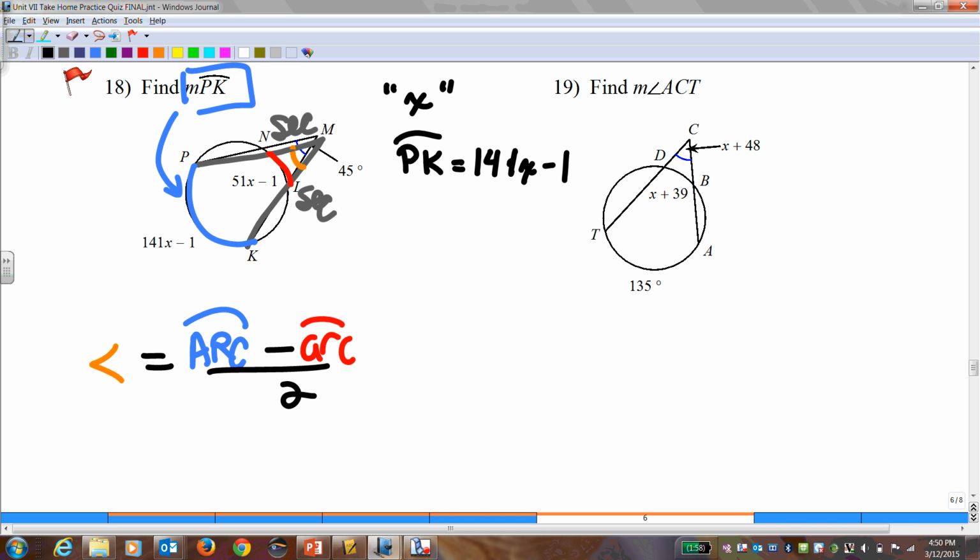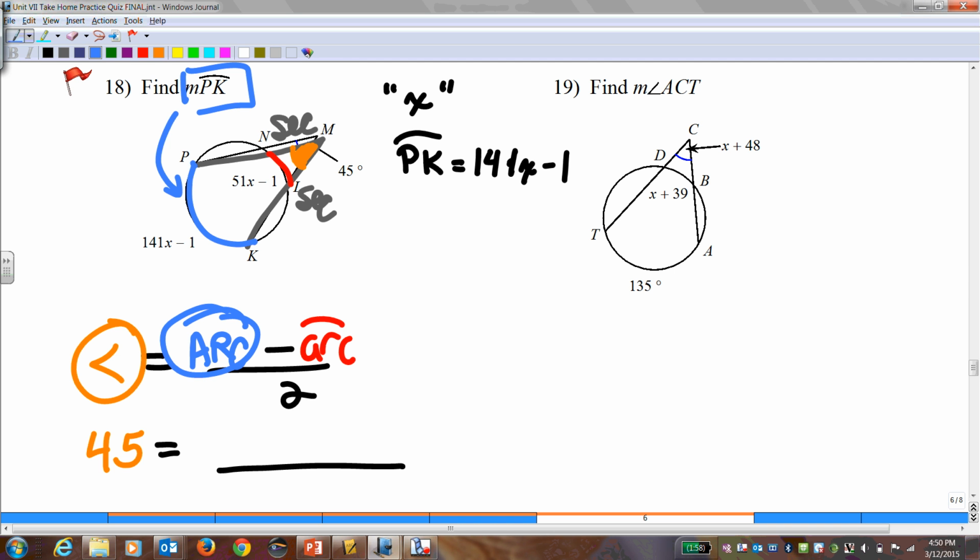Ready? Now we're going to do our circle plug chug real slow here. Circle, the angle here is 45. Watch this very, very carefully. Our big arc, trace it, is 141x minus 1. Now here's the tricky part. Minus this whole arc.